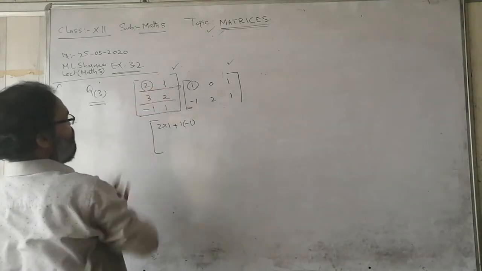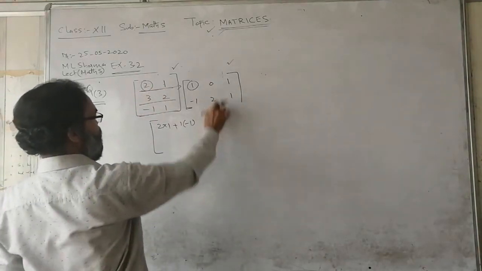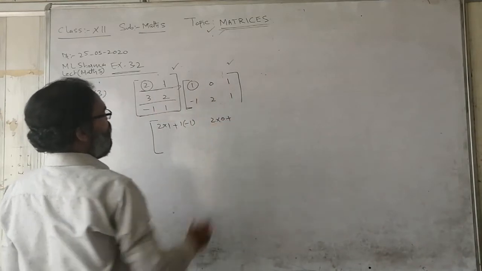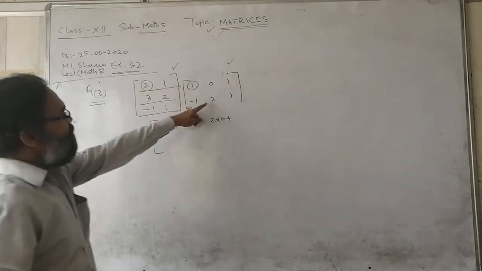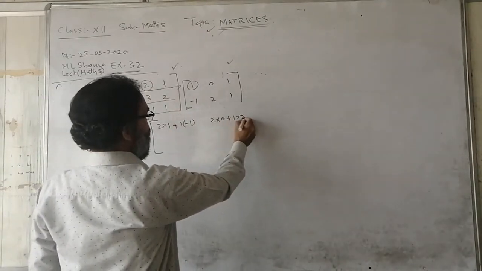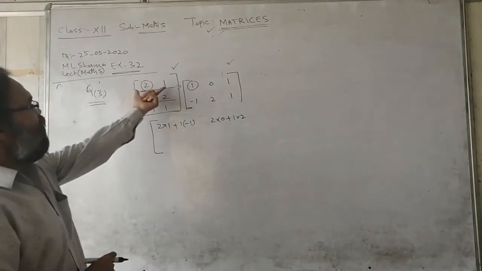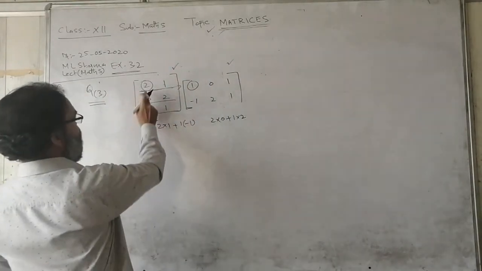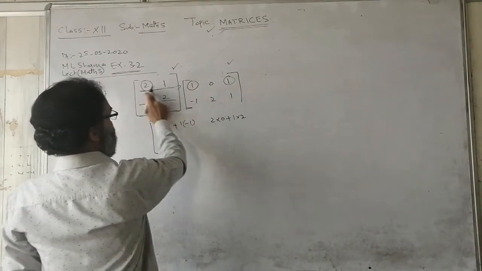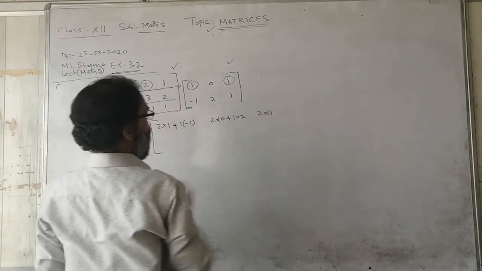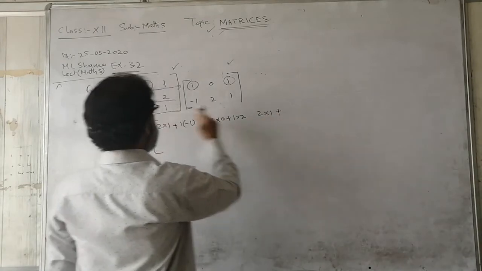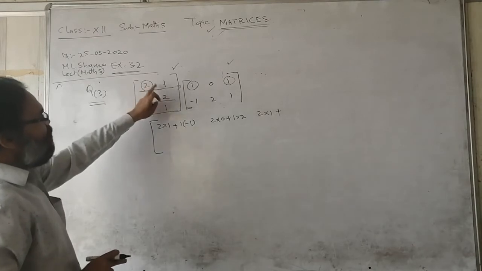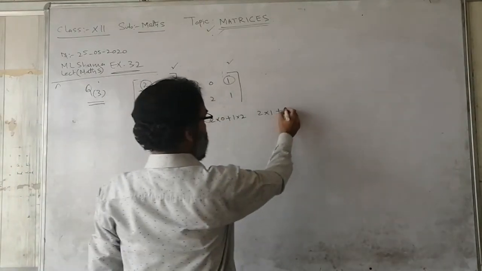Again this row is to be multiplied by the second column, so I will have 2 into 0 plus 1 into 2. Again the same row elements are to be multiplied by the third column, that is 2 multiplied by 1 plus this 1 lying on R1 multiplied by 1.